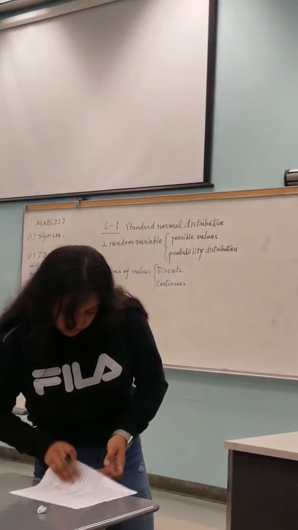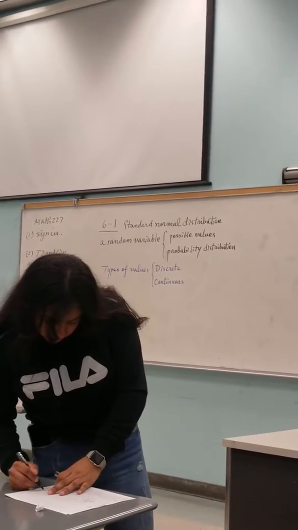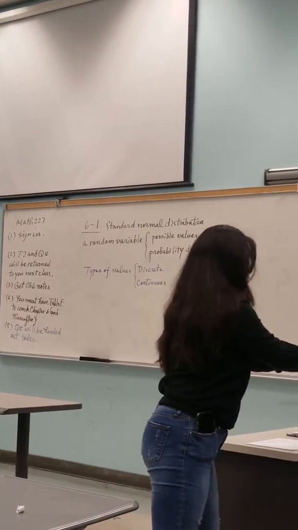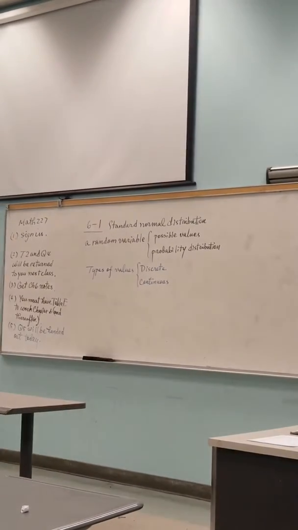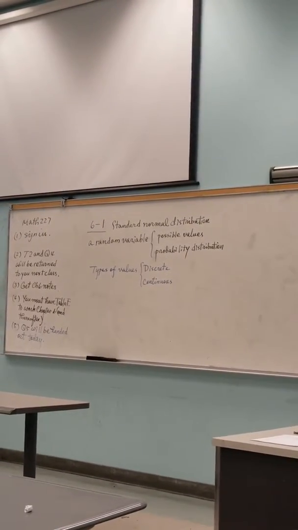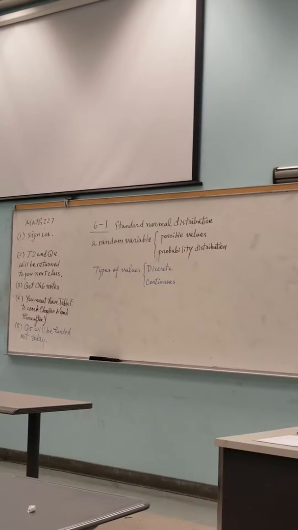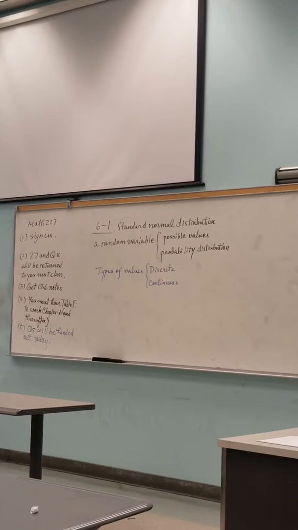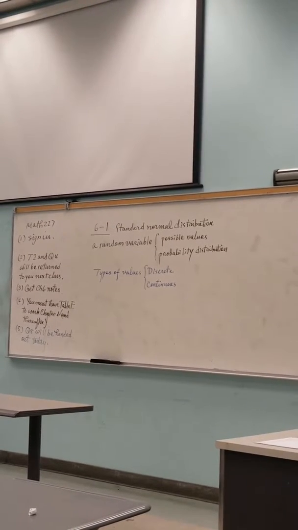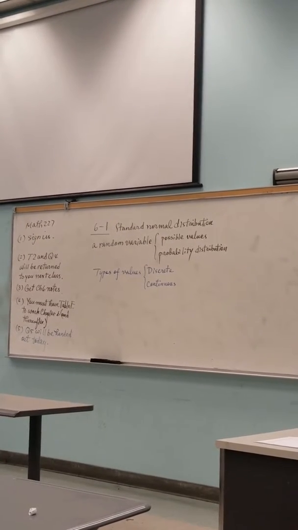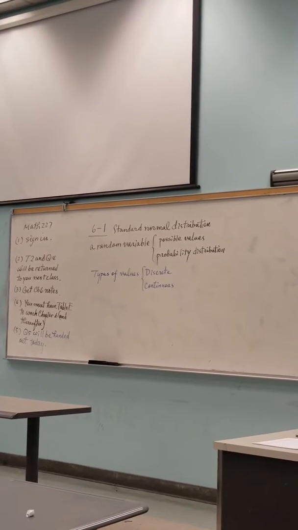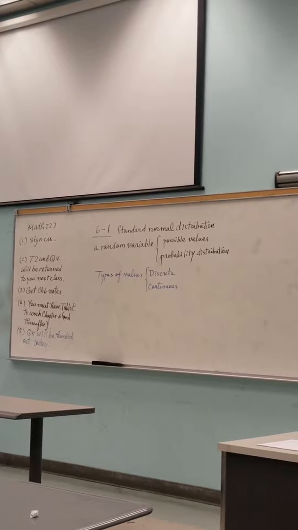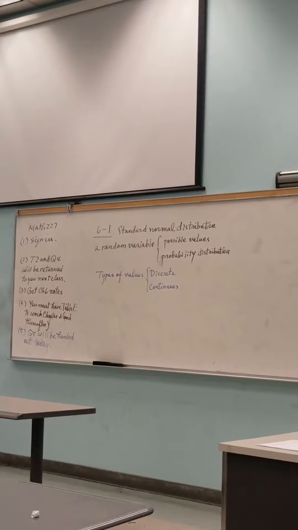Another example, binomial random variable. You want to find how many successes you will get within n trials. 0 is a possible value, 0 successes. 1 is a possible value, 1 success. 2 is a possible value, 2 successes. 3, 4, 5 are all possible values.